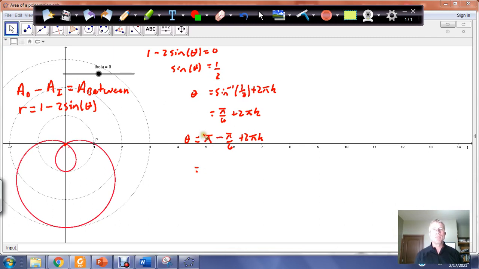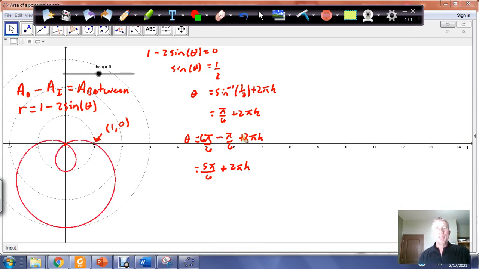Pi is the same as 6 pi over 6, finding the common denominator. So this is the angle 5 pi over 6, and it repeats itself, plus 2 pi k. So we already ascertained that right at this point, the radius is 1 and the angle is 0 radians.